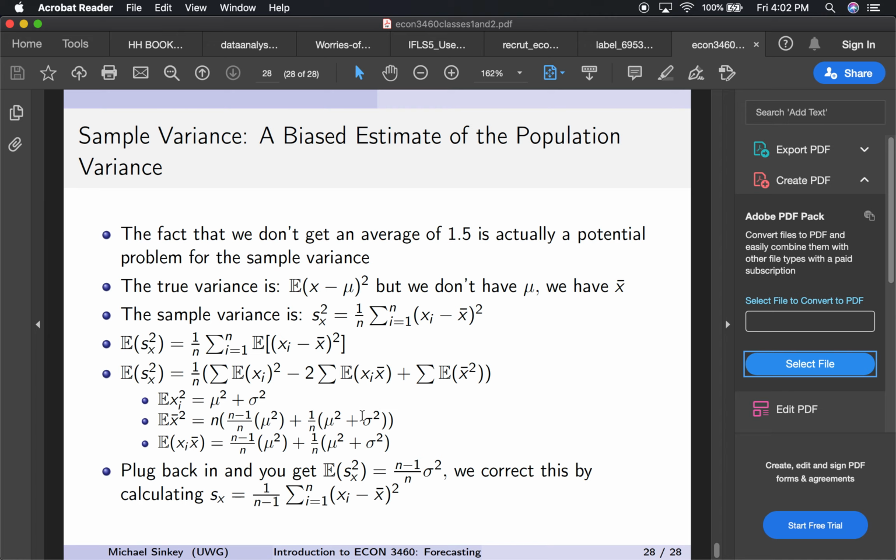And so that is why we have some bias. But for the purposes of this class, we are just going to calculate the standard deviation, and we take the square root here. That is an estimate of the population variance.